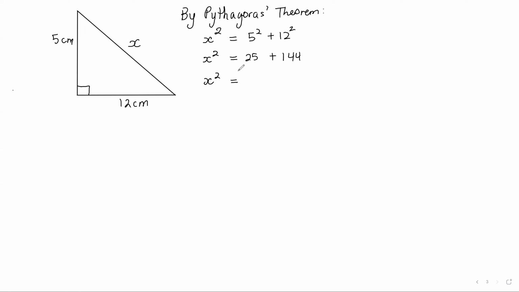Then what's 25 plus 144? 169. Good. So therefore, x is equal to what?